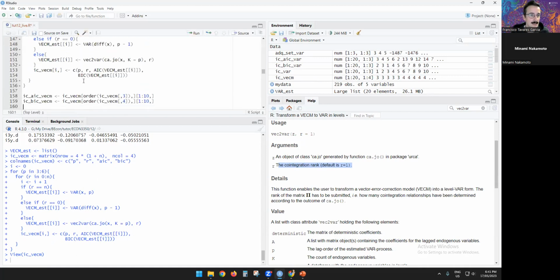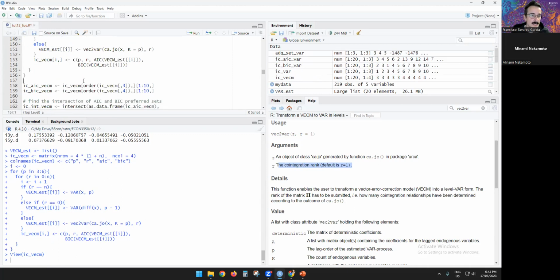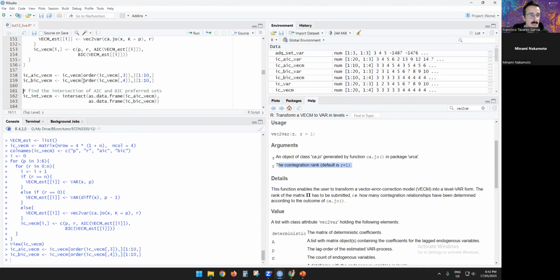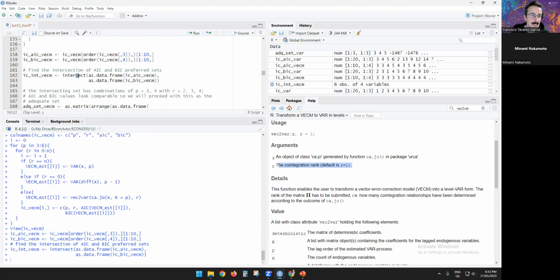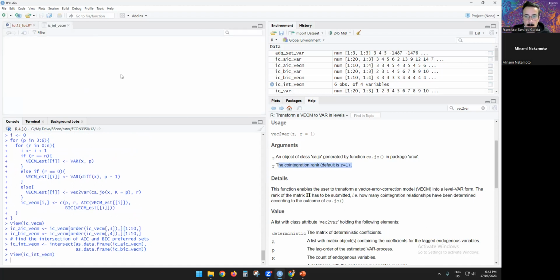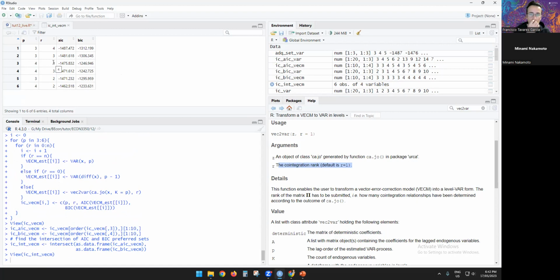All right, let's go. Now let's get the top 10 for AIC, top 10 from BIC. And when we take the intersection of AIC and BIC of the top 10s, we get IC int. We get these 6 only, which will be just 3 and 4 lags, and will be ranked 2, 3, and 4. And look how interesting it is.